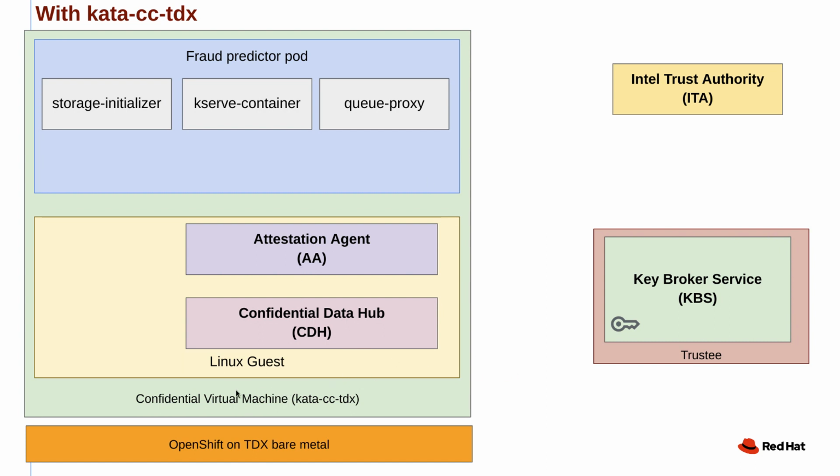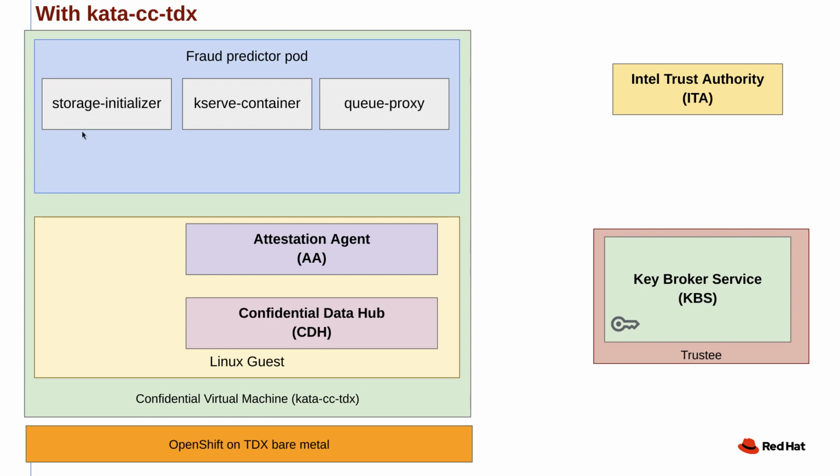And in our demo, we deploy OpenShift on the TDX bare metal, and the model serving pod, which we also call the fraud predictor pod, is running inside this confidential VM, and there are three containers inside this pod. We will mainly talk about this one, the storage initializer, which is a unique container.